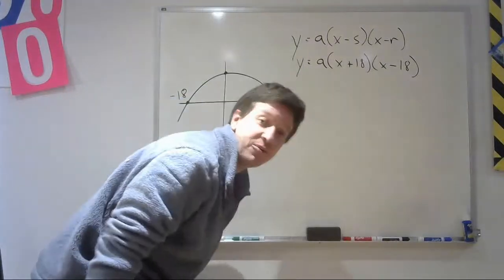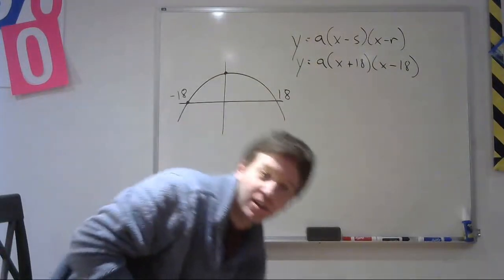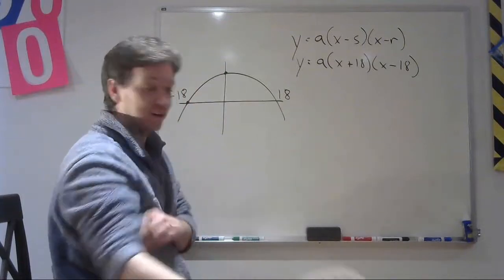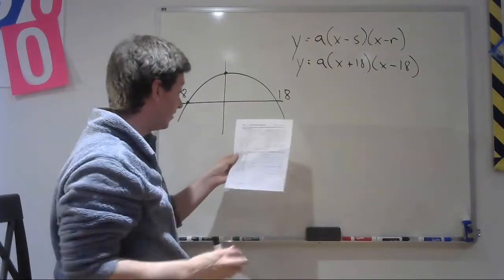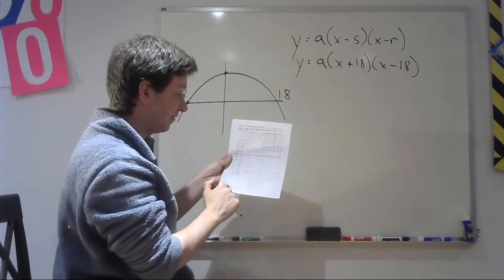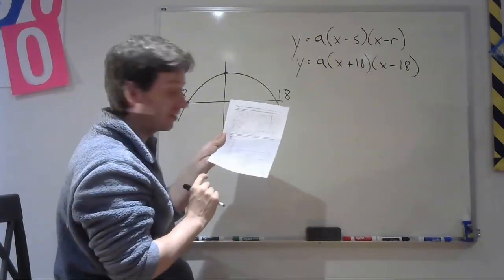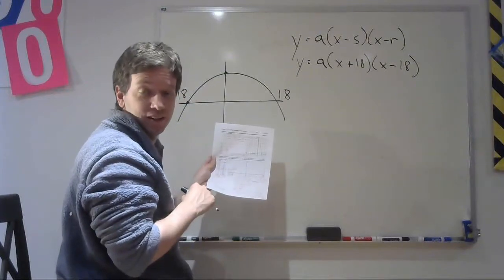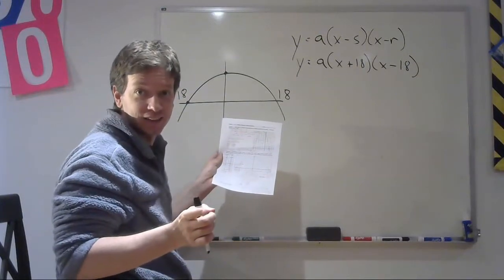All right, so now we need to pick any point, substitute those x and y values into that equation so we can figure out what a is. Now it looks like the easiest point is the vertex, which is 0 and 50. I was going to do that, but then I thought, I'm going to let you do that one. I'm going to do a different point. You do the vertex.